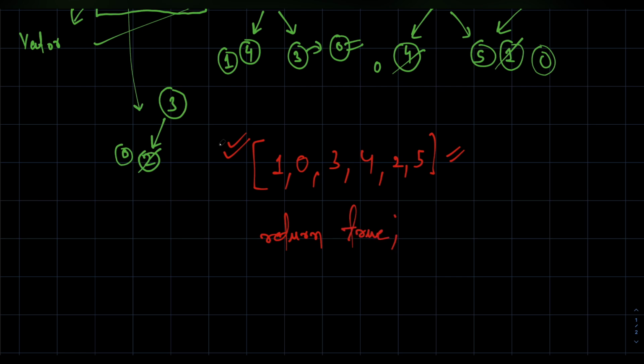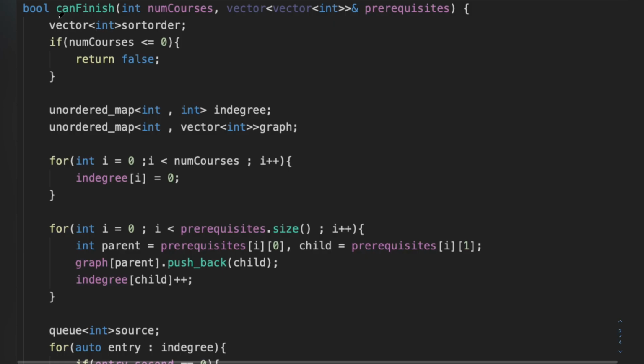Let's check the code. I name this function canFinish, and here I'm creating my vector where I'm going to store all the courses, the size of the vector to the total number of courses. If it's equal, then we should return true, otherwise we have to return false.